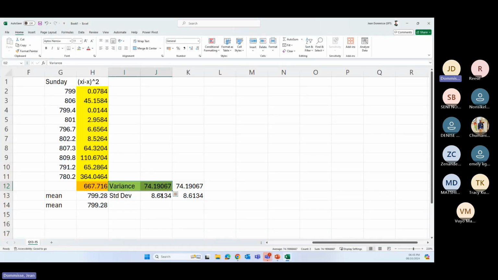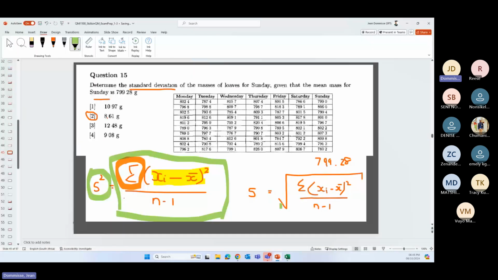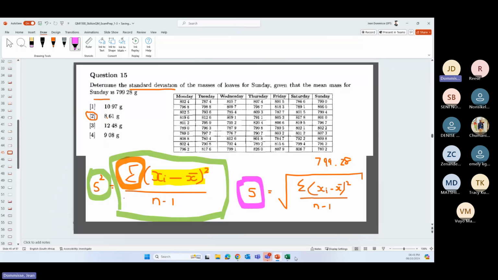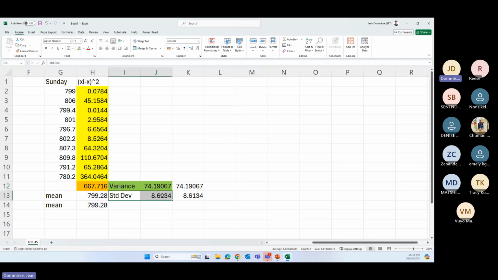And then if we take it a step further to say the variance square root, that is our standard deviation. So that is the standard deviation that we have there.